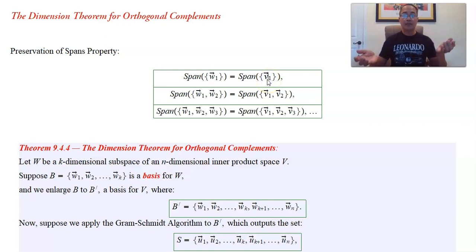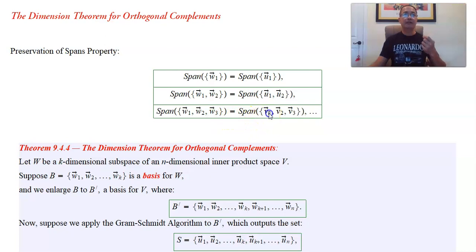But u1 is just v1 divided by its length. So really, it's the span of the first final output vector. Similarly, if you take the first two input vectors, they have the same span as the first two final output vectors. So again, we can replace the v's with the u's.